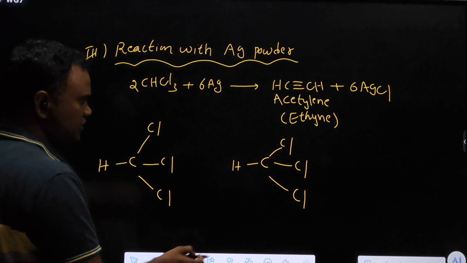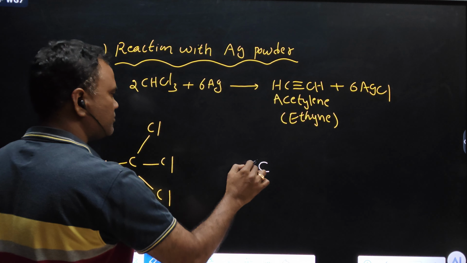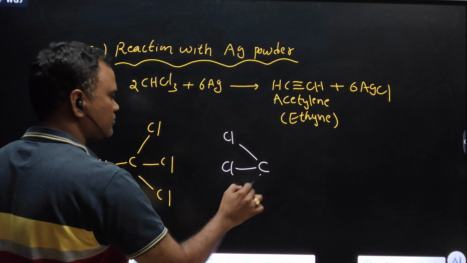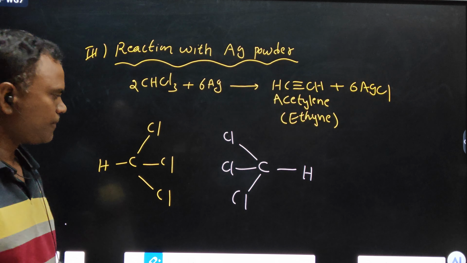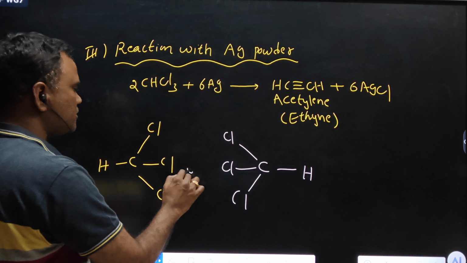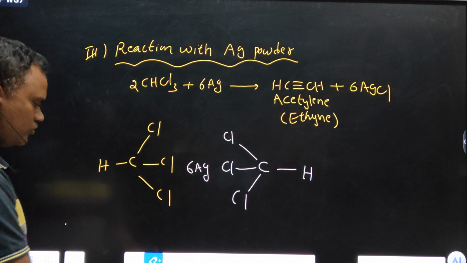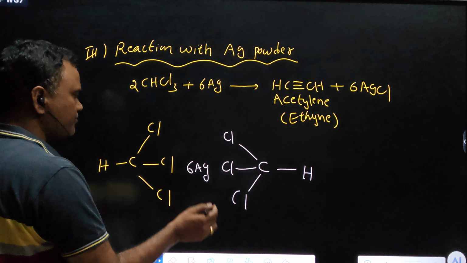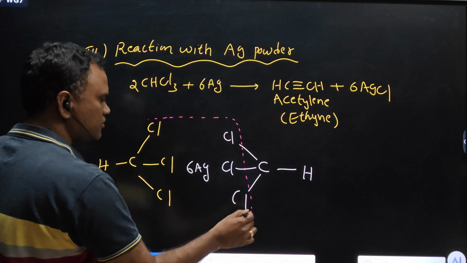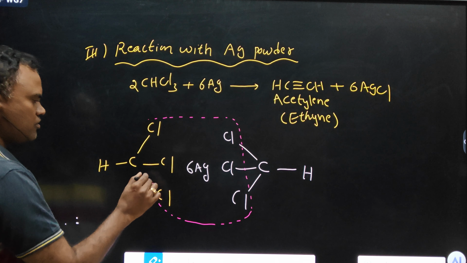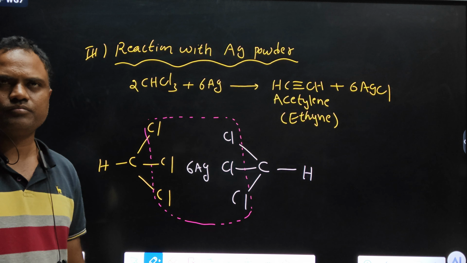Just a second, we have to write this first. To remove 6 chlorines, in the middle I am writing 6 silver atoms. Remove AgCl: 6 silvers and 6 chlorines, 3 from each chloroform.